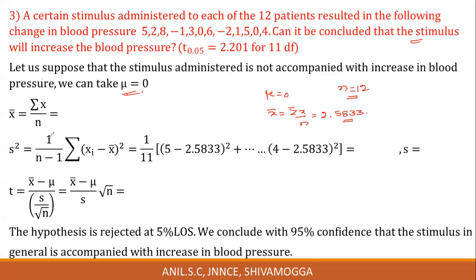S square is given by 1 divided by n minus 1. n is 12, 12 minus 1 is 11, into summation xi minus x bar whole square. Xi is 5, 5 minus 2.5833 whole square, plus 2 minus 2.5833 whole square, and so on up to 4 minus 2.5833 whole square. Calculate this.